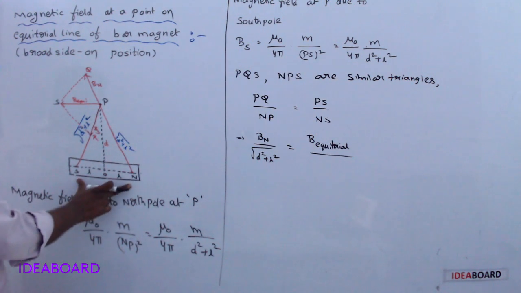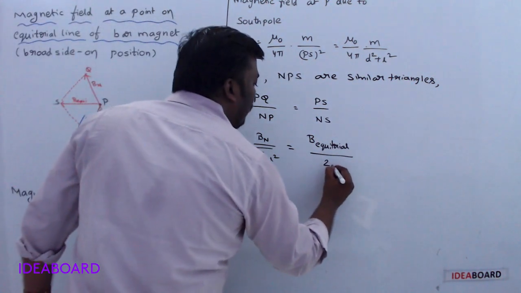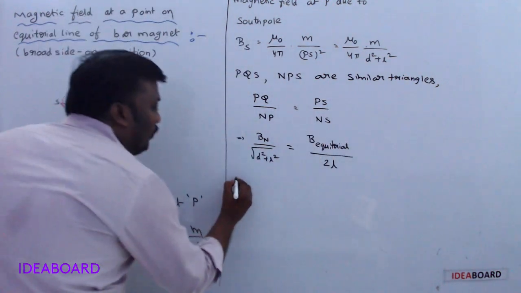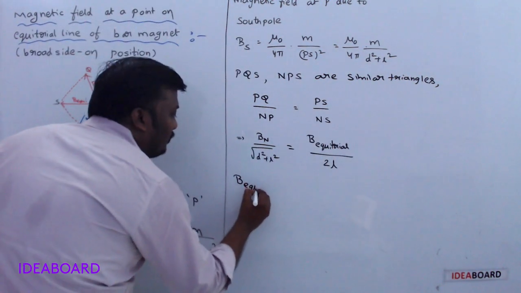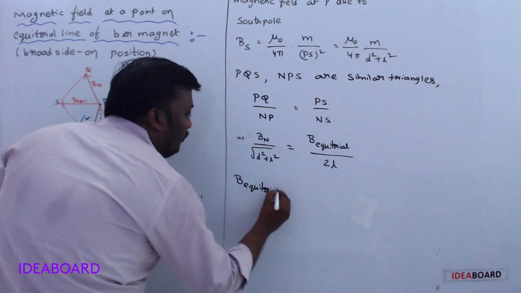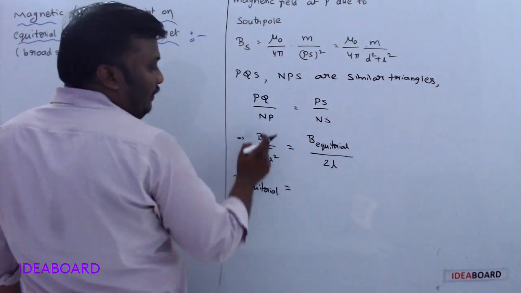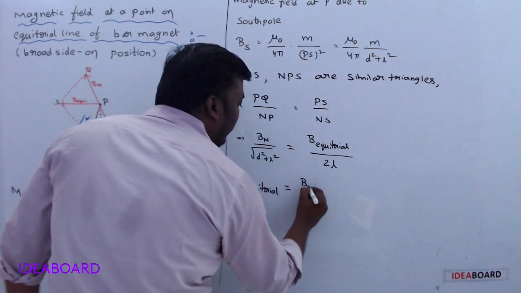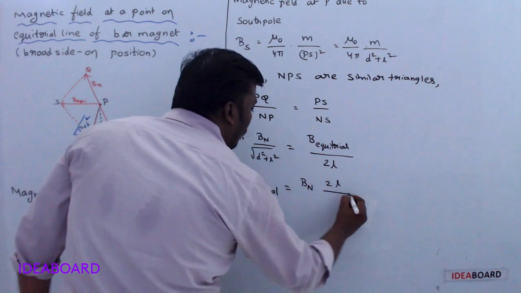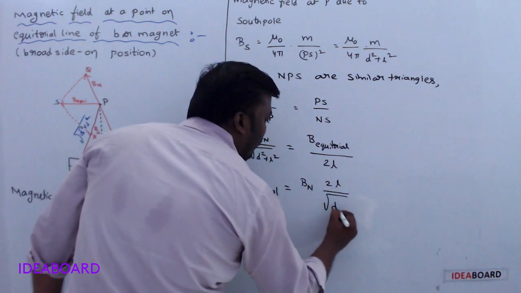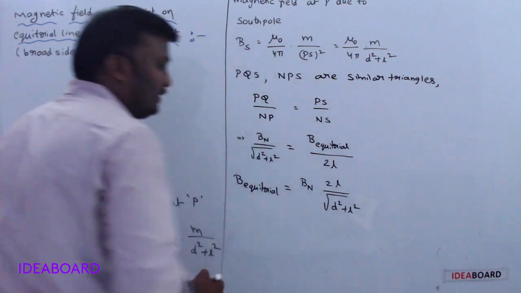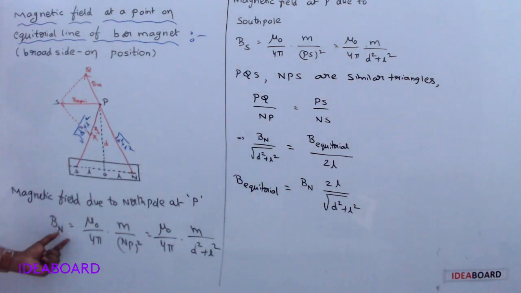NS is nothing but the magnetic length, 2L. So we want B equatorial, so B equatorial is equal to Bn into 2L by under root d square plus L square.